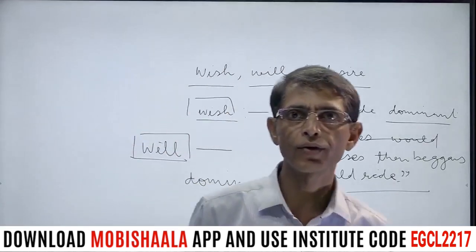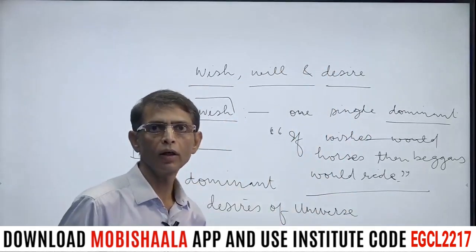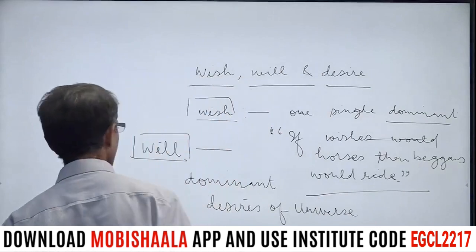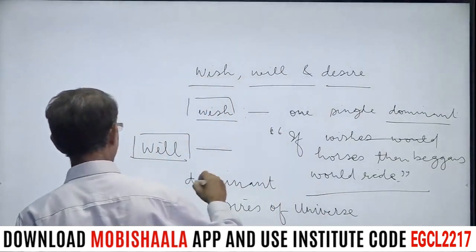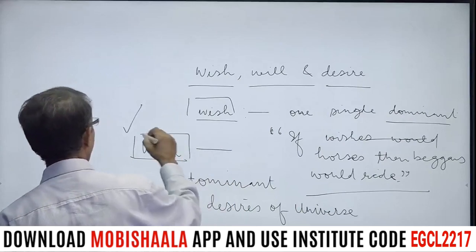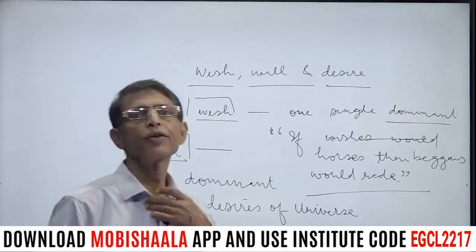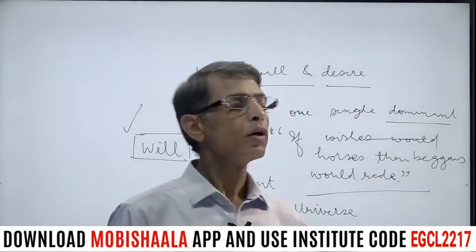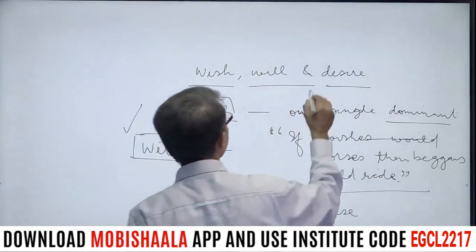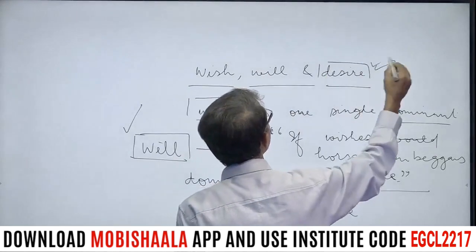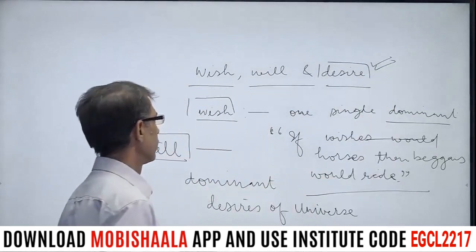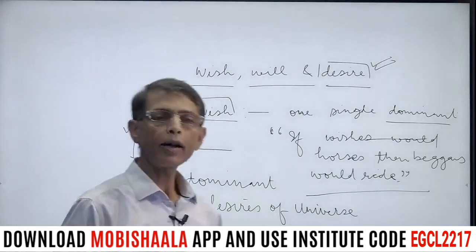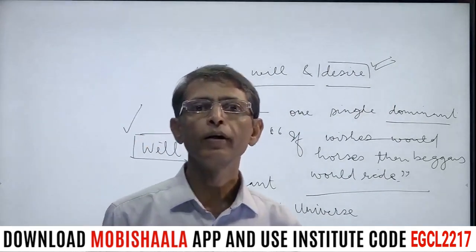It is in practice. Understand? It works. Will is the self in action. That's the will. And as far as desire is concerned, we have discussed it already. So this is will, wish and desire.